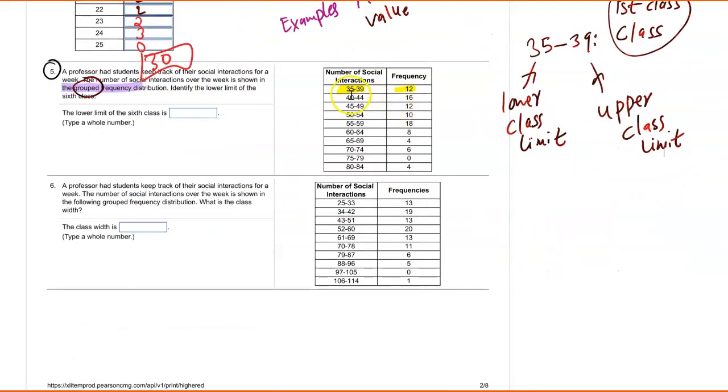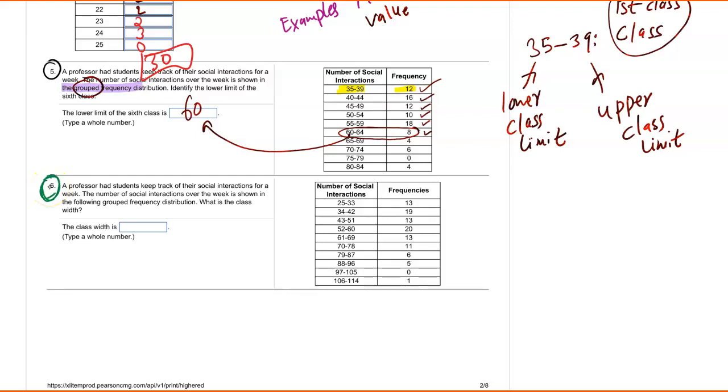Similarly, 40 is the lower class limit. 44 is the upper class limit for the second class. And the question is, what's the lower limit of the sixth class? Which one is the sixth class? 1, 2, 3, 4, 5, 6. This is the sixth class. What's the lower limit? 60. Therefore, lower limit of the sixth class is 60.